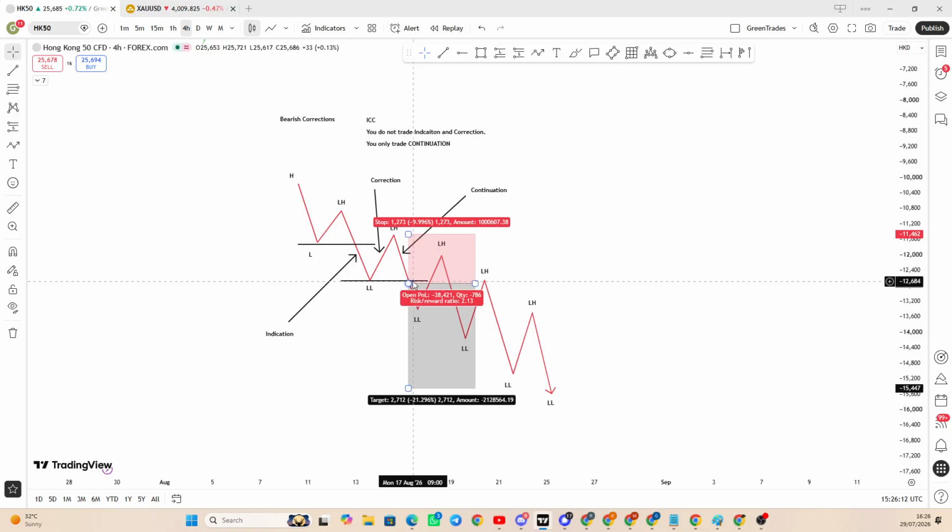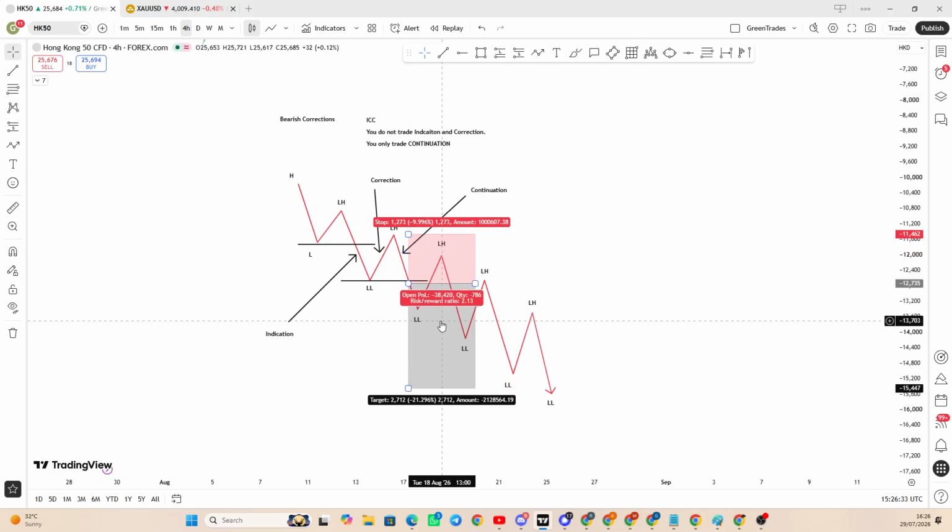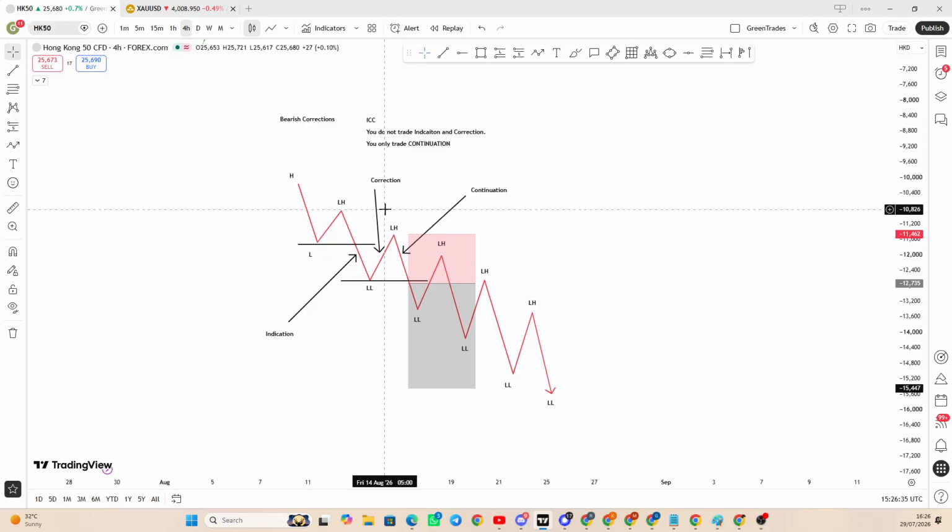But if you don't really want to have a safe trade, then you go on the lower time frames, 15 minutes or 5 minutes, and once you know that lows are now being broken, then you know that the correction has been completed in the bearish trend, and then you can look for entries or possible entries from that point. This is what it means to have a bearish correction when it comes to trading ICC.